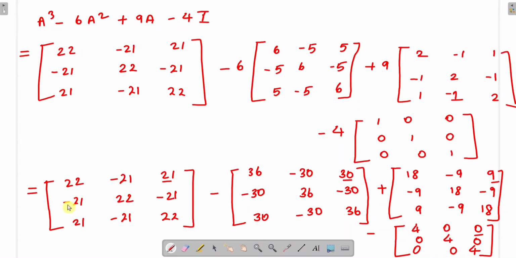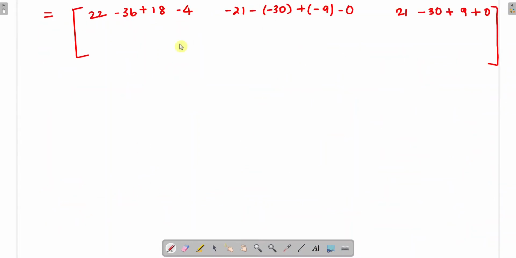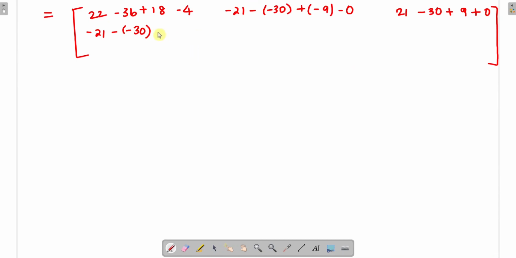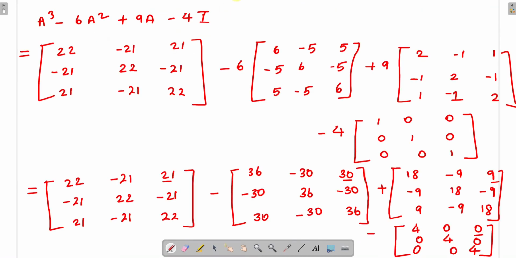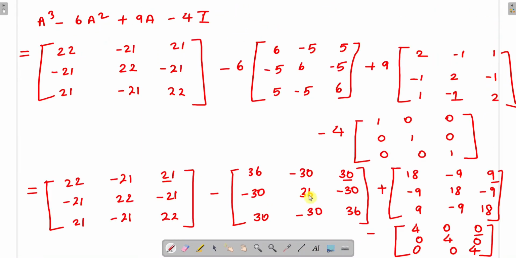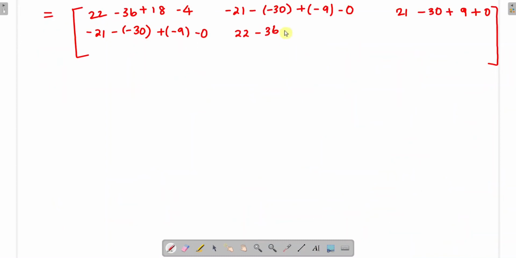Now let us write this: minus 21 minus of minus 30, then what we have, plus of minus 9 and minus 0. Then the A22 element will be 22 minus 36 plus 18 and minus 4.